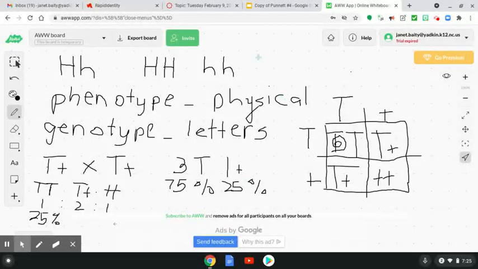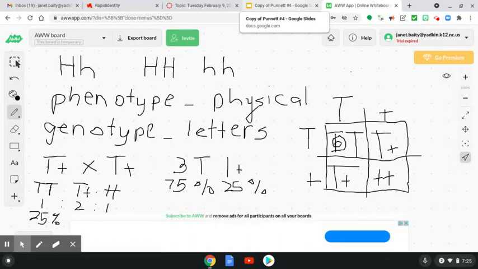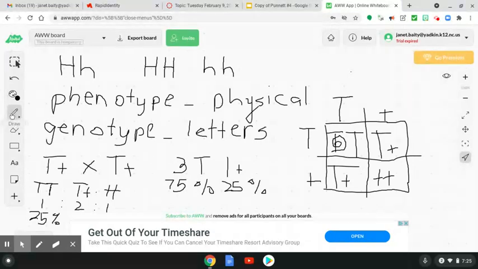All right, now that we've got the basics down, some of you were having trouble with Punnett square number 4. Before we get there though, if you are doing the first assignment, I can't remember if you were just writing the genotype or the phenotype.